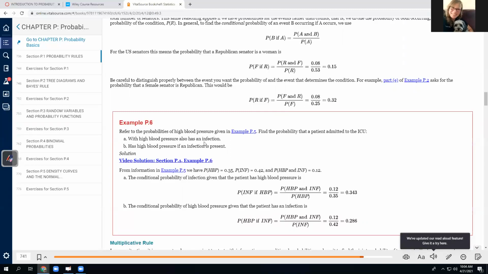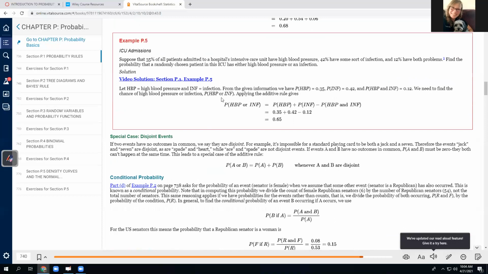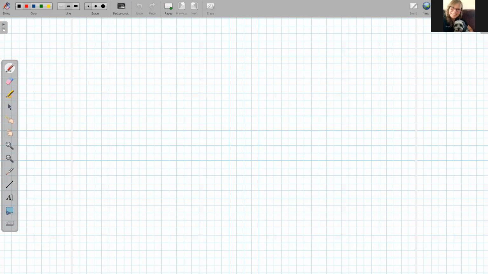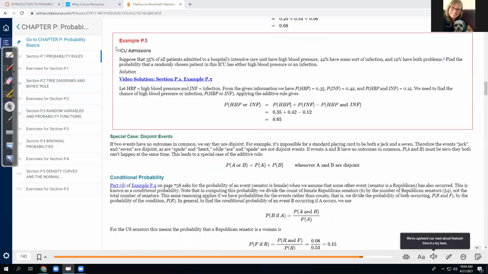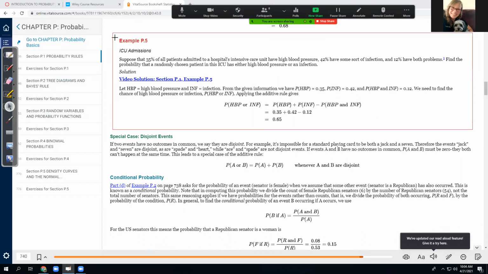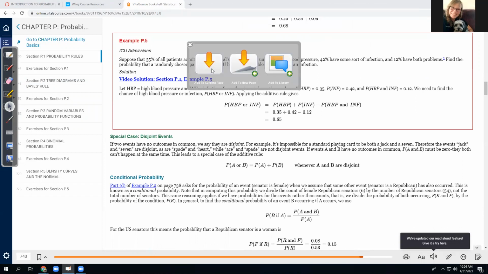And the other one, okay, yeah, let's screenshot these and I'll show you how I would write them down. So this is example 5 in section 1 of probability.